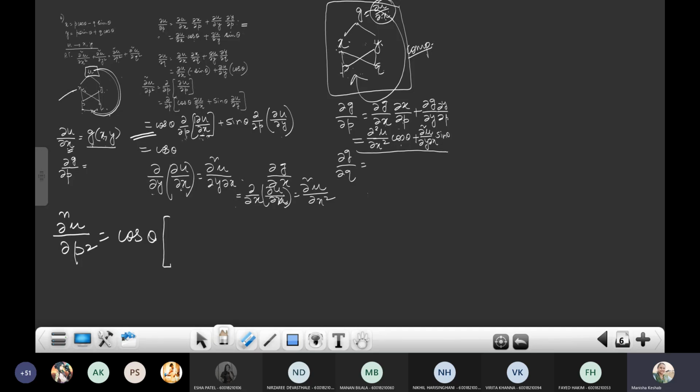It will be basically ∂²U/∂X² into ∂X/∂P plus ∂²U/∂Y∂X into ∂Y/∂P. Is this clear?